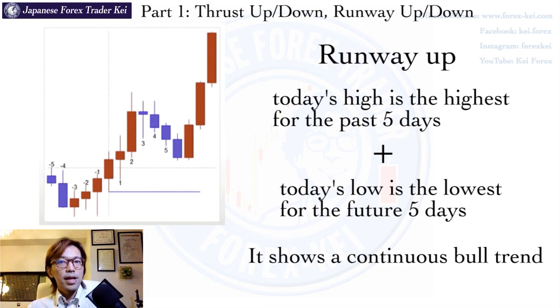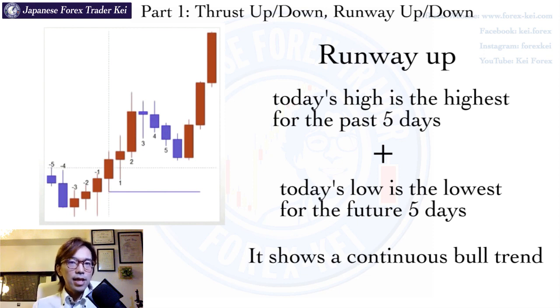So when you see a candle renewing the high for the past 5 days, you notice that it might become a runway up. After observing 5 candles later and confirming that the low did not break this candle downwards, you know that this candlestick did runway up, and you can expect that the bull trend is continuously strong.